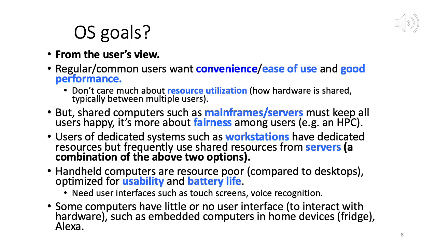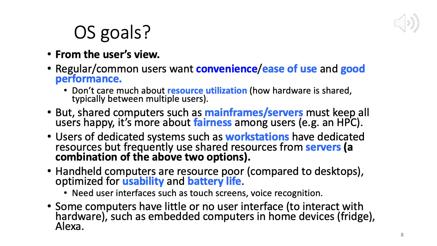The battery life should be extended as much as possible. So your goal becomes a bit different. You need to use the hardware resources extremely judiciously and carefully, so that your energy consumption is minimized.